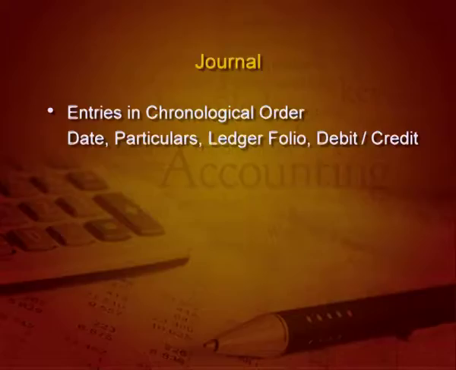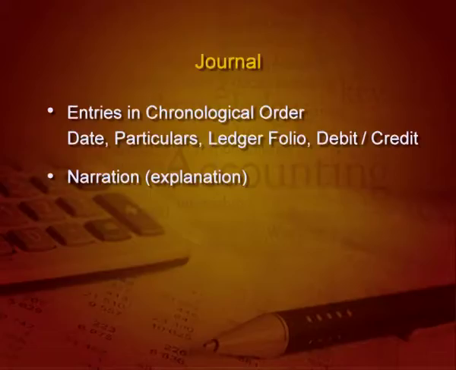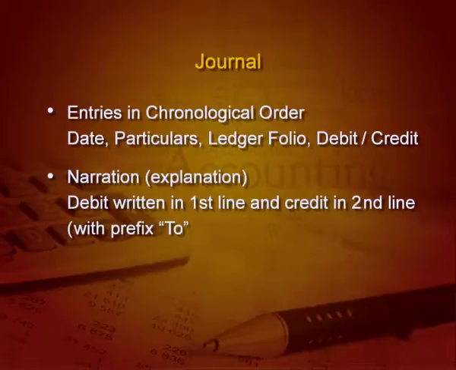And of course, there is a very important part, narration, which is given along with that entry and explains what is actually there in the transaction. When we start writing in the particular columns, the debit is written in the first line and the credit is written in the second line with the prefix "to".